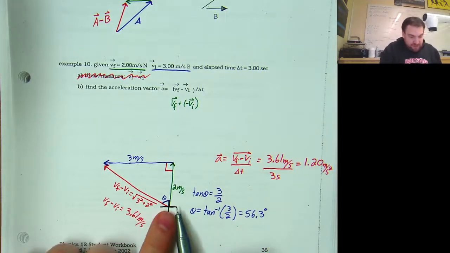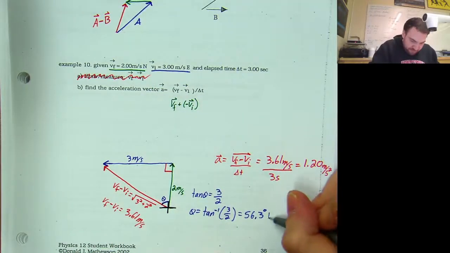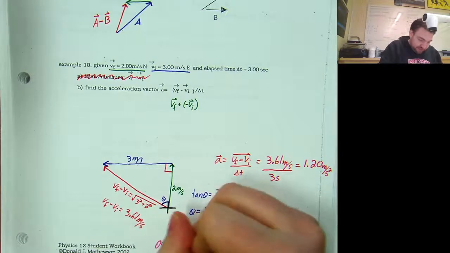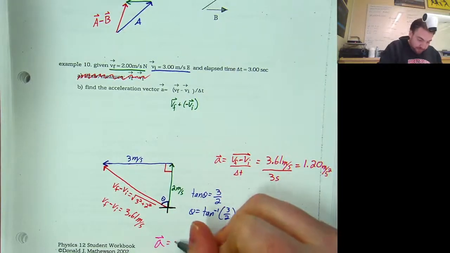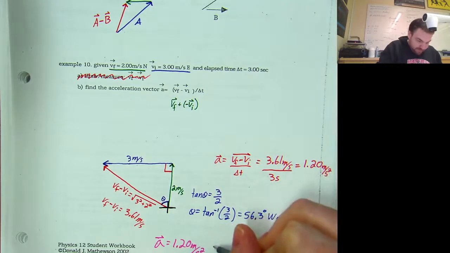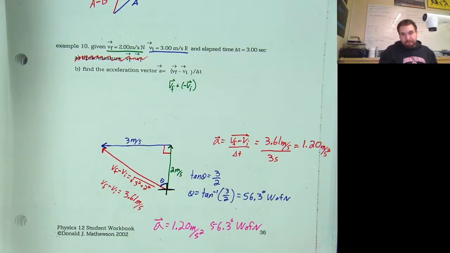And if you look at this, it's north, and I went that way, so it's going to be 56.3 degrees west of north. So our final answer down here in pink, the acceleration of our object is going to be 1.20 meters per second squared, 56.3 degrees west of north. That is subtraction of vectors.